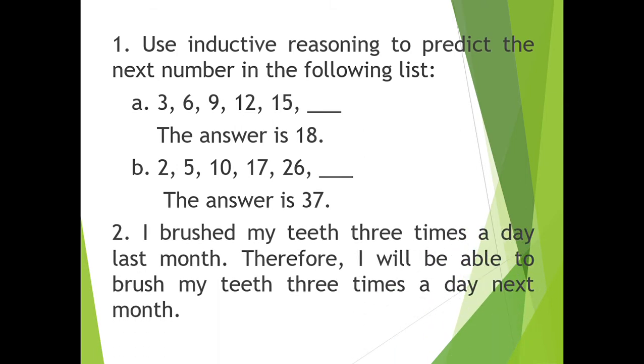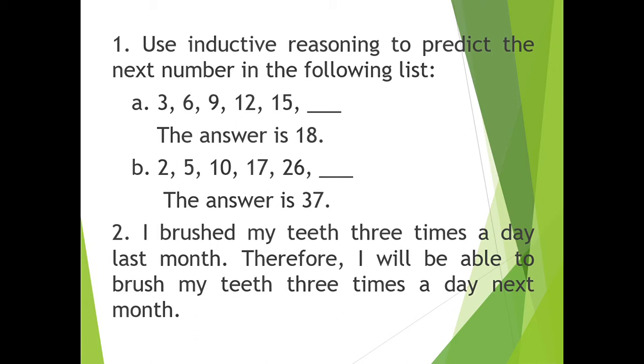For the second example: I brushed my teeth 3 times a day last month. Therefore, I will brush my teeth 3 times a day next month. So you are basing it on the previous or specific examples you gave.